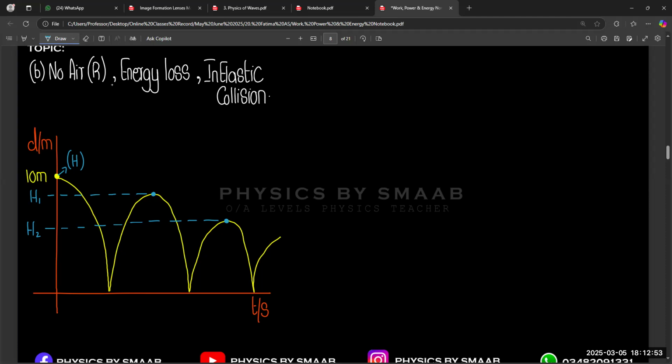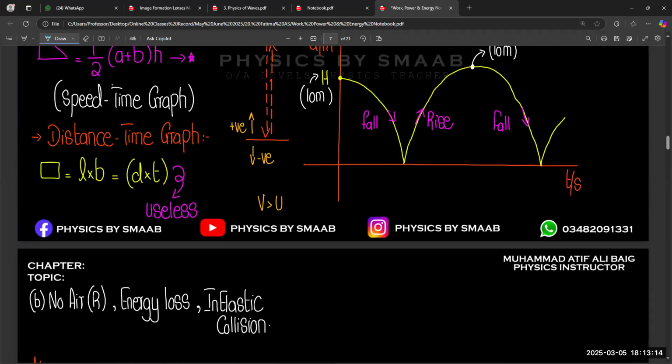So any question, any confusion in this? Right. So we are getting a different height every time after the collision of the ball with the ground. And one more thing, this is the first collision.